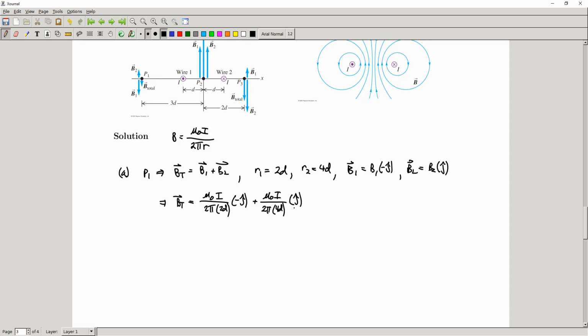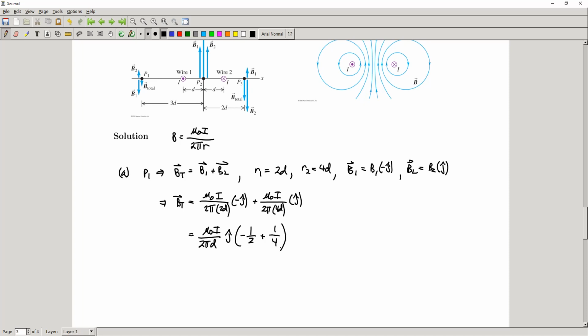And so now we can just add these up. We're going to end up with mu naught I over 2 pi d, and I'm going to pull out a j hat here, and then we're going to have minus 1/2, what remains after we pull out this leading factor, plus 1/4.